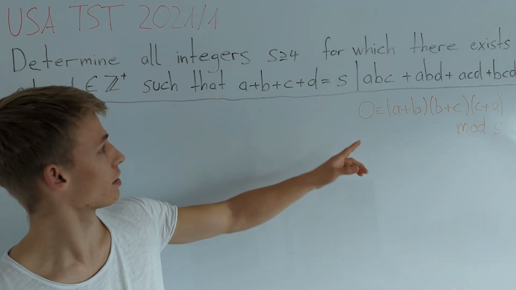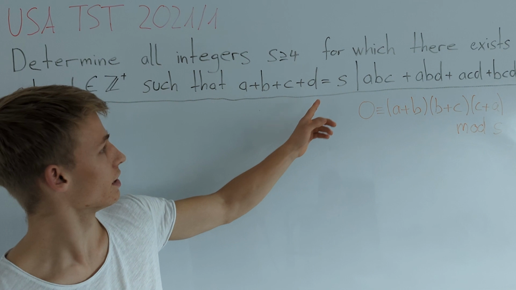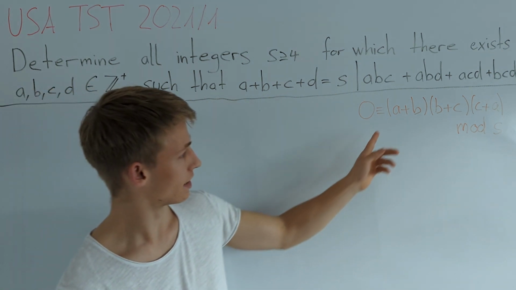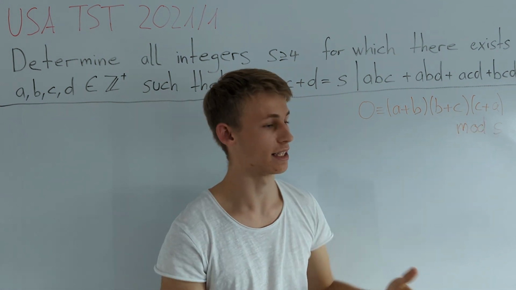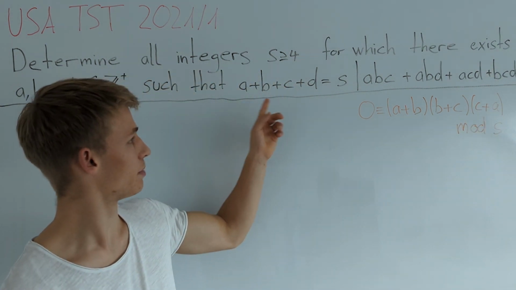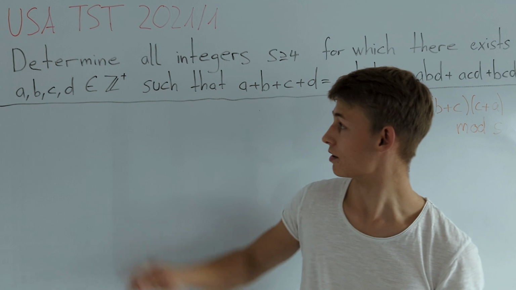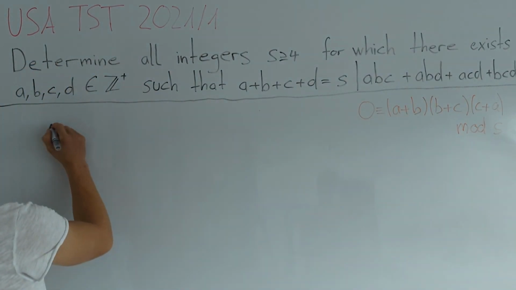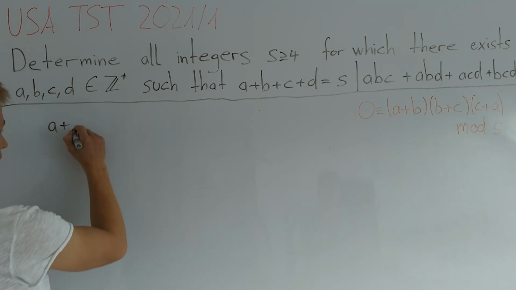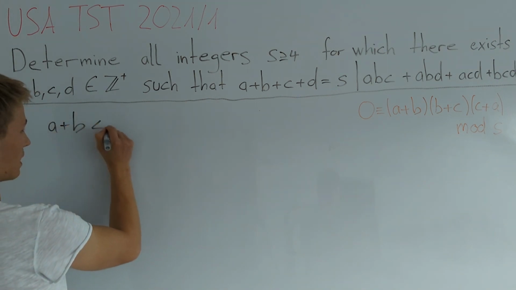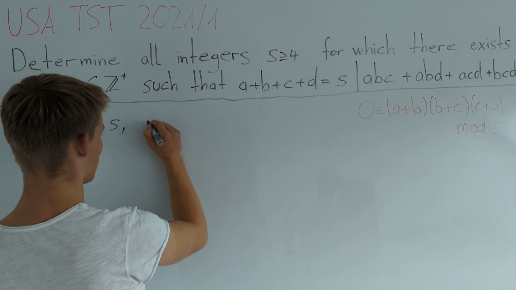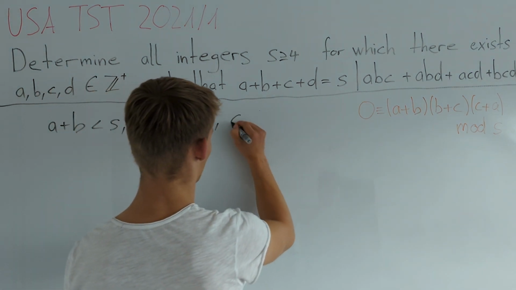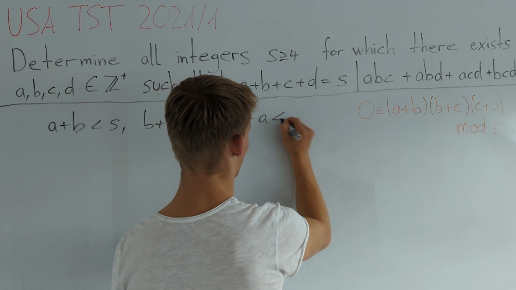Because if we have a look at our expression here that a plus b plus c plus d is equal to s, we directly see that all these terms here are less than s because all of a, b, c and d are positive integers. So we get that a plus b is less than s, b plus c is less than s, and c plus a is less than s.